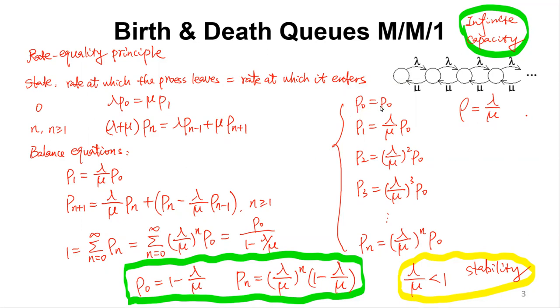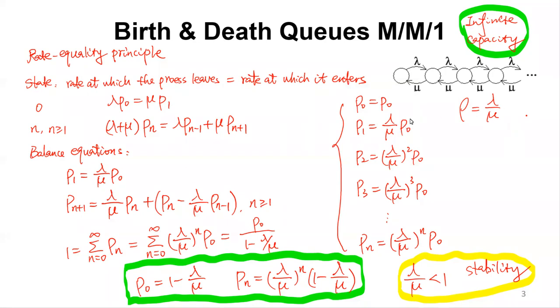So P0 equals P0. P1 equals rho P0, that is, lambda over mu P0. P2 equals (lambda over mu) squared P0, and Pn equals (lambda over mu) to the n P0.